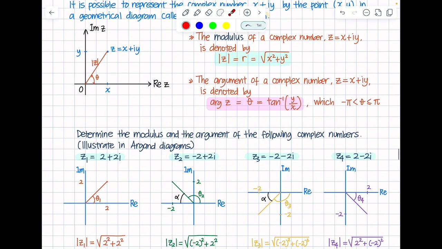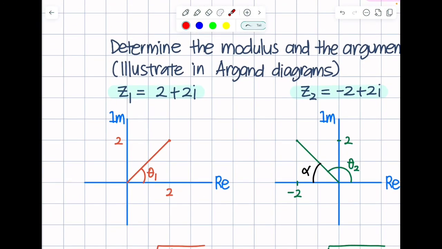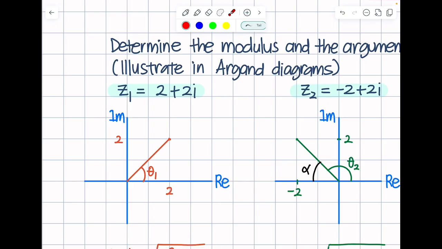Determine the modulus and the argument of the following complex numbers. Illustrate in Argand diagrams. First, we have z1 equals 2 plus 2i. Illustrate this complex number in the Argand diagram. So the position of z1 is in the first quadrant, like this.